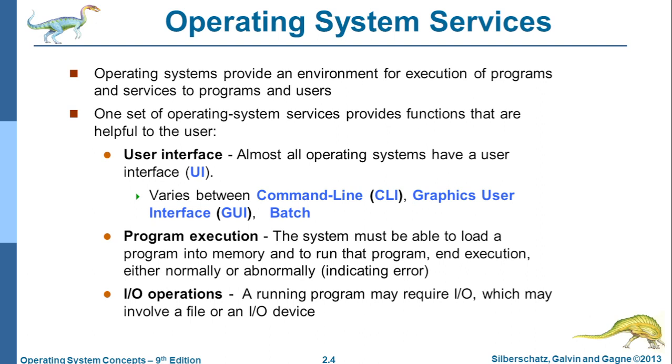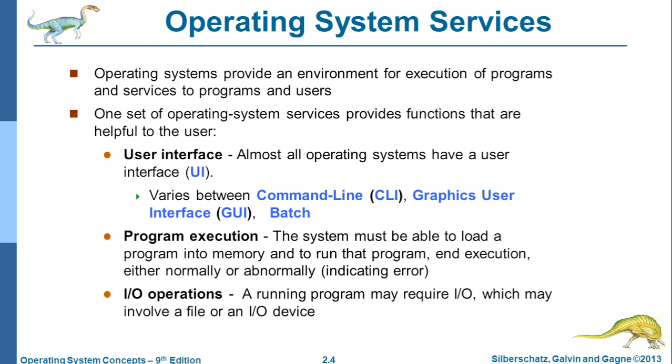So there is another, which is program execution. This means the operating system must be able to load a program into main memory and run the program. And input output operations means we want to see the data or result on the monitor, or if we try to input data from a keyboard or USB, this is called input output operations, right?